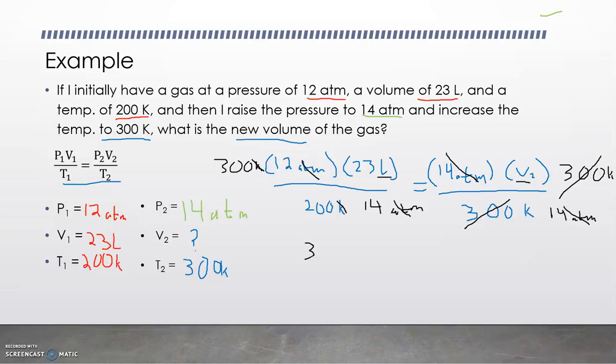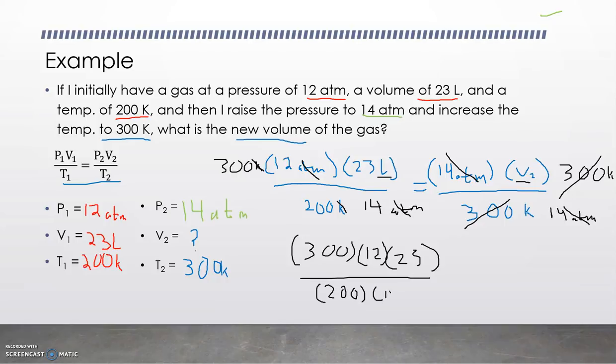So now we just have to plug it into our calculator. We have 300 times 12 times 23 over 200 times 14, we still have our liters unit here, let's not forget that, equals V2.